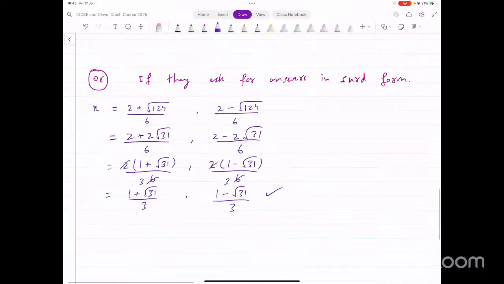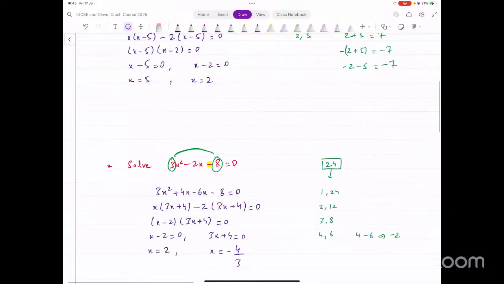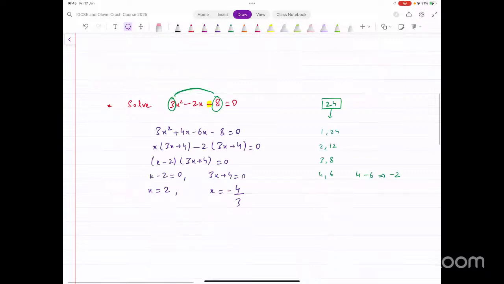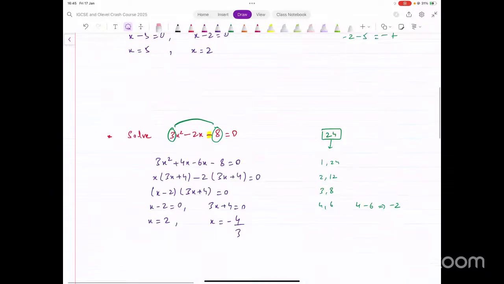All right. Now, let's go back to one of these equations. Let's say we had this one.